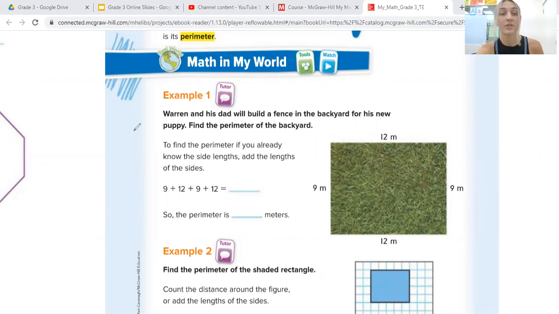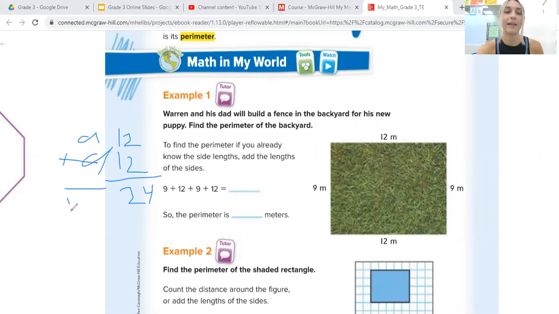add them all together. So 12 plus 12, 24. 9 plus 9, whoa, 18. We'd add those together. 18 plus 24, 42.